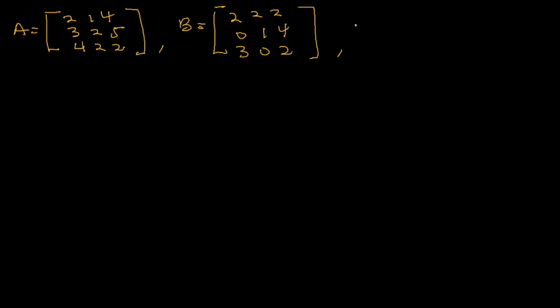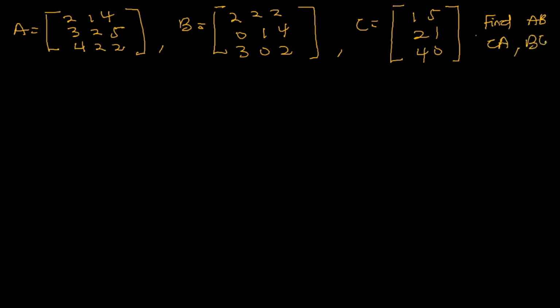We also have matrix C, which is equal to 1 5 2 1 4 0. And we are to find AB, CA, and then BC. Alright, so let's write down our solution.